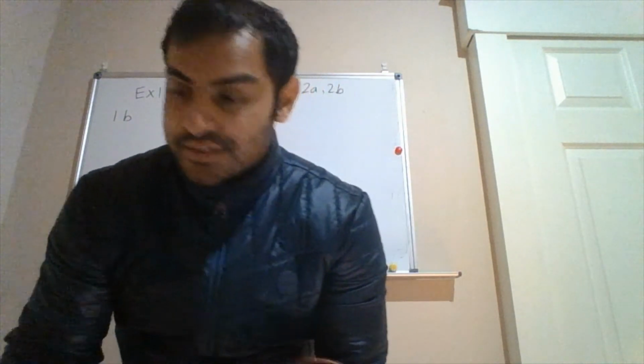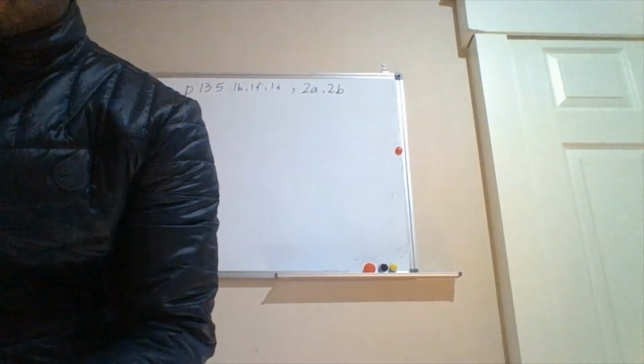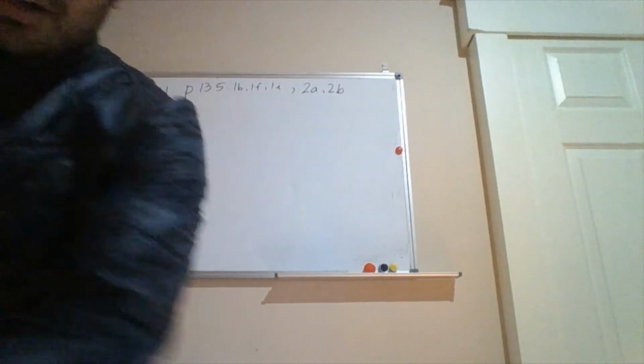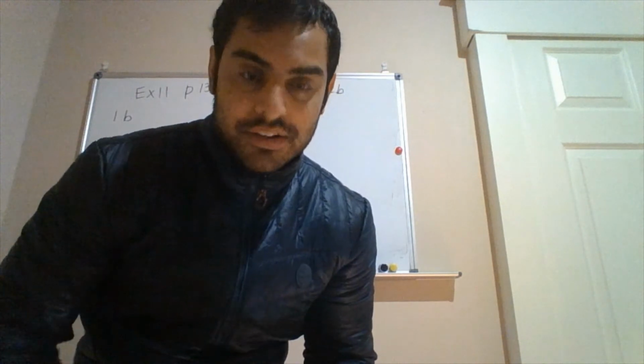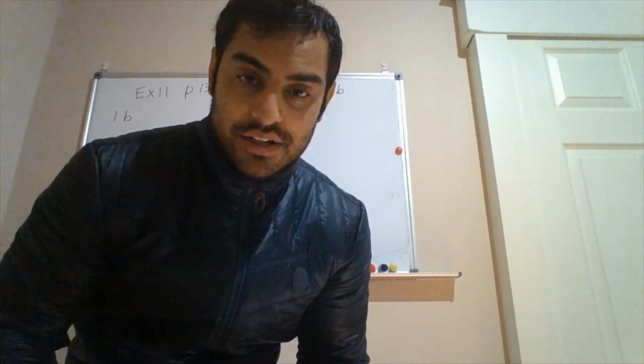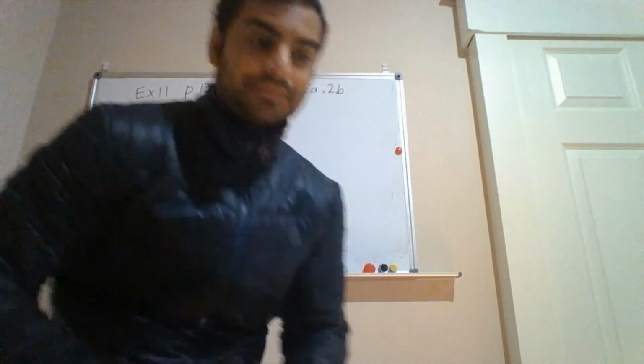So once again, let's start off with some points. And I'm going to once again start off with the exponential graph because it's the harder one. And I'm going to pick points that are going to make my plotting easier.